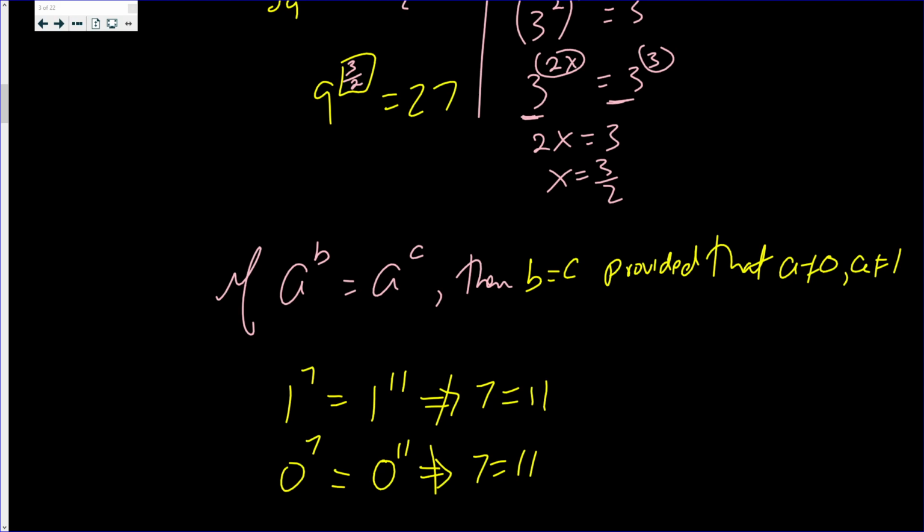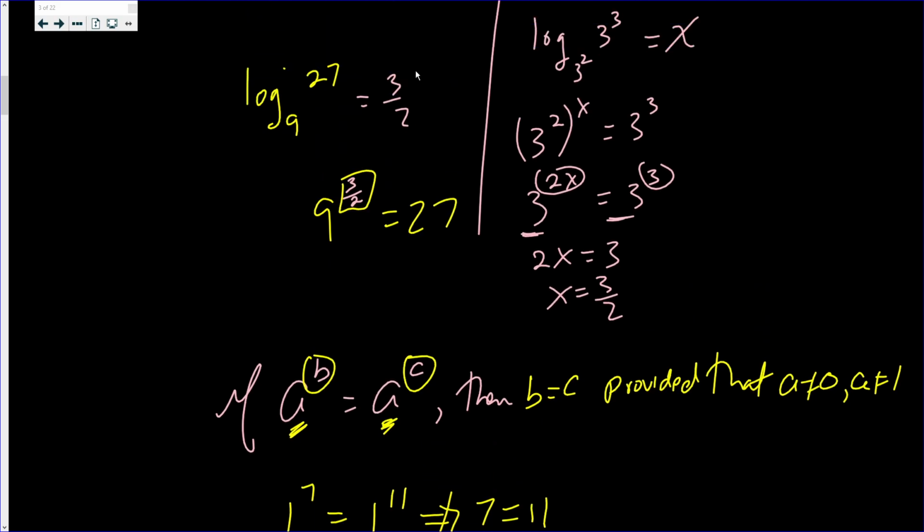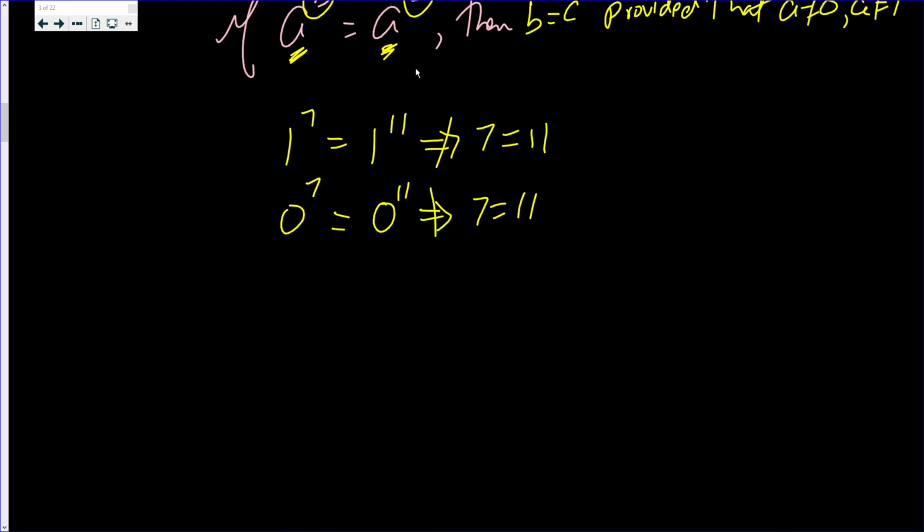Okay? As long as a is not 0 or 1. If a to a power equals a to a power and a is neither 0 nor 1, then the powers are equal. And the good thing is, when it comes to logs, the bases have to be positive.